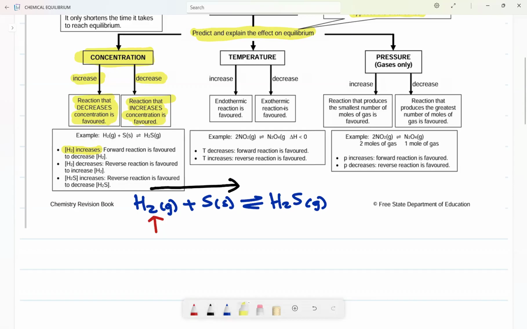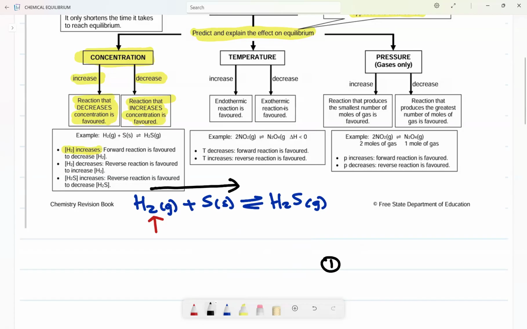This is what we mean. Le Chatelier will say, okay, I'll transfer that concentration you added to the other side. Now this means we are favoring the what? Going there is the forward direction, going there is the reverse direction. Can you see we are favoring the forward direction?